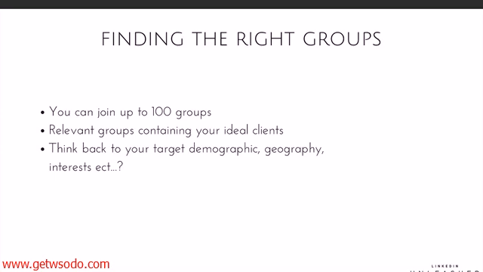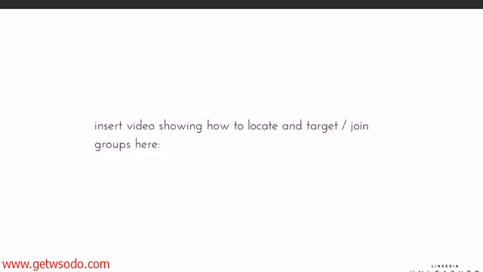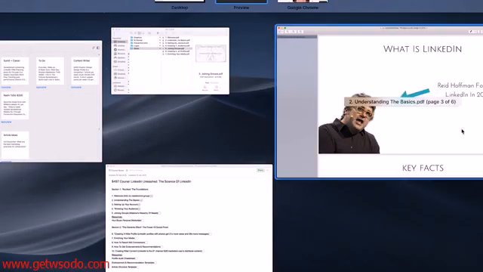But you do want to consider your target demographic, where they are based, so the geography, and any interests they may have. And through that, create a web, a connection of different groups where all your ideal clients could be waiting for you, and you want to go into those groups, interact, and establish your status within each of those. So I'm going to show you quickly how to locate and target and how to join groups.